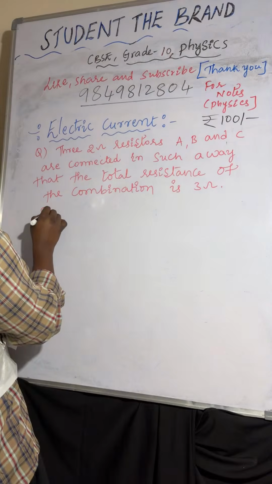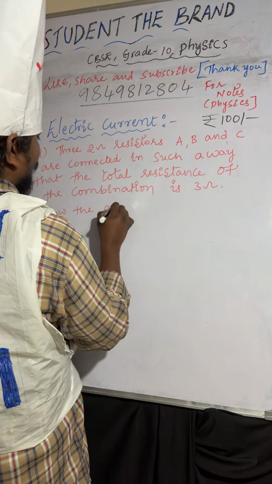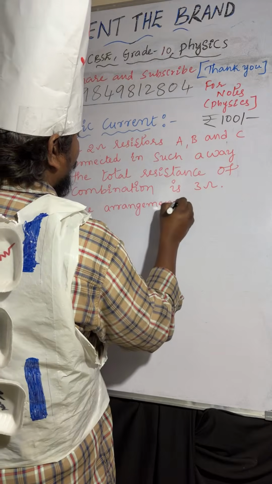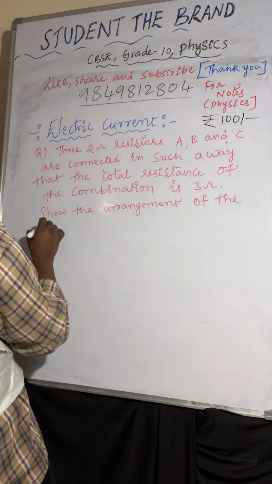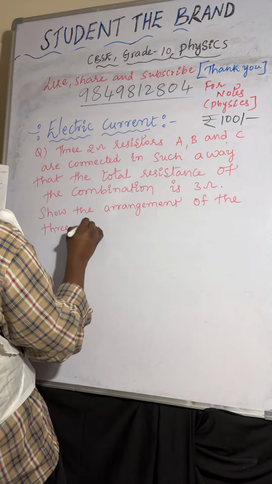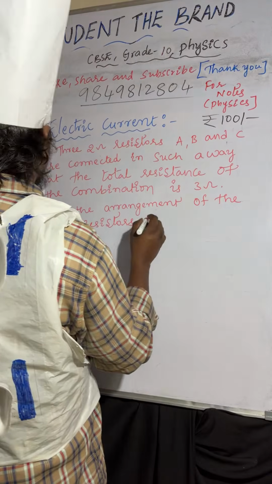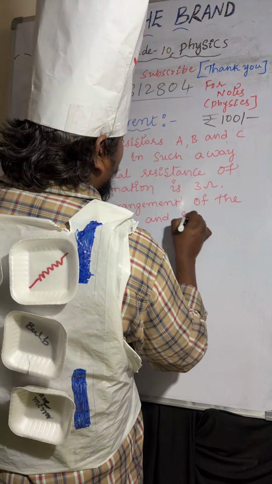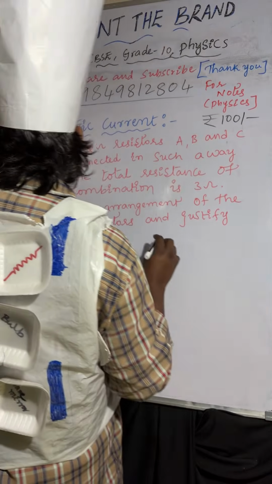So show the arrangement of the three resistors and justify your answer.